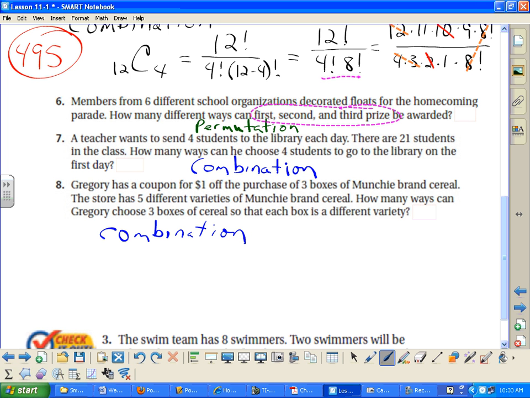Does that make sense? Because these 5 are all different varieties anyway. So if I pick 3 boxes from there, so there's A, B, C, D, and E, if I choose 3 of them, they're all going to be different anyway. That's automatically going to happen. It's a good question, though.